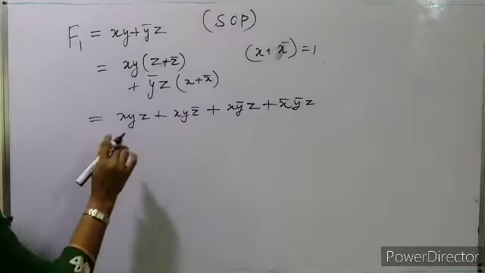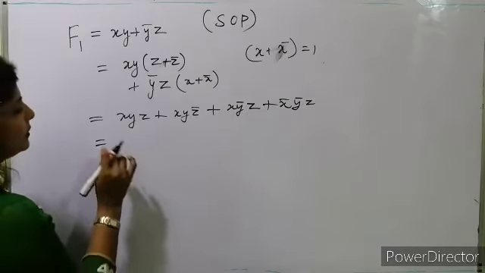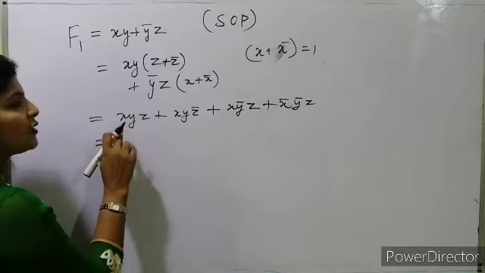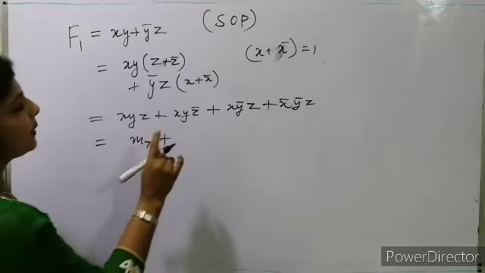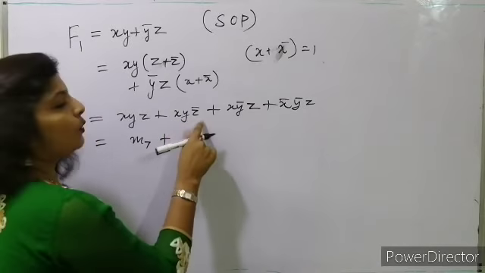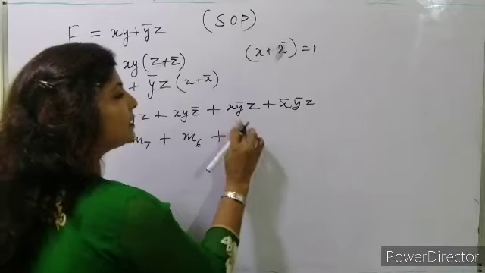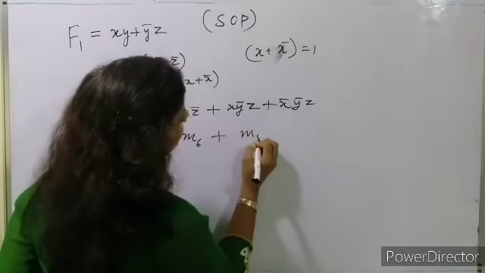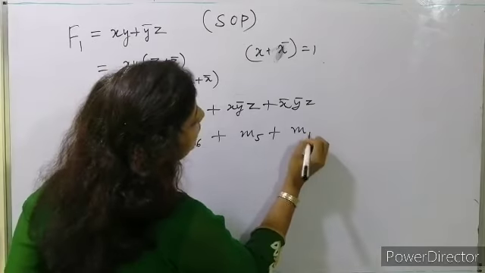Okay. So what is this? This one is in terms of min term. How will we write this? This is 1 1 1, so m7, min term 7. Okay. 1 1 0, so this is m6. 1 0 1, this is m5, and 0 0 1, this is m1.